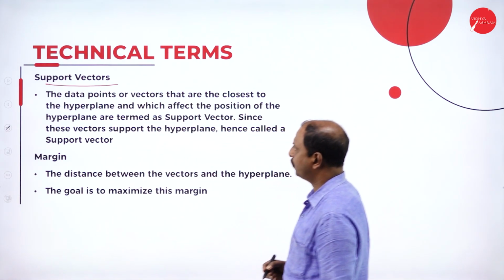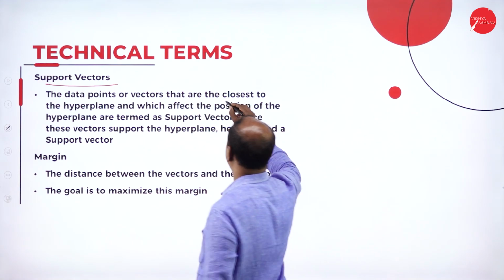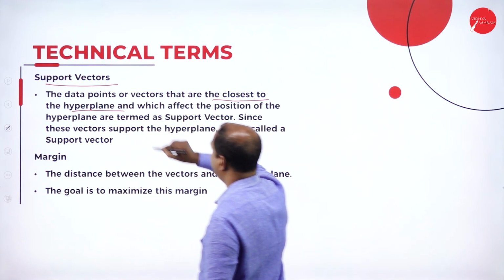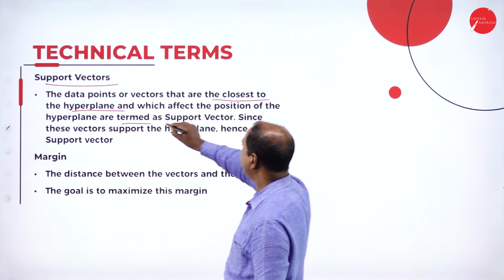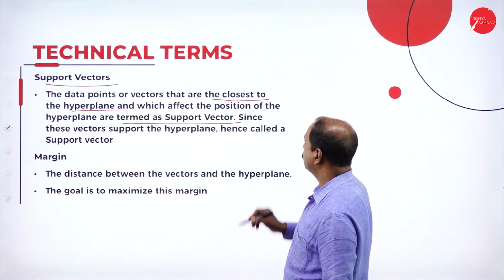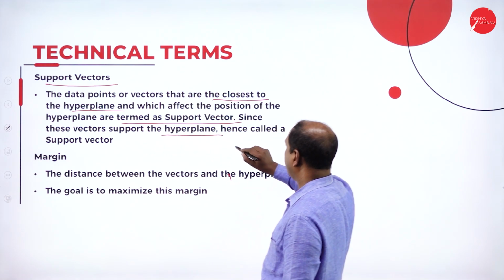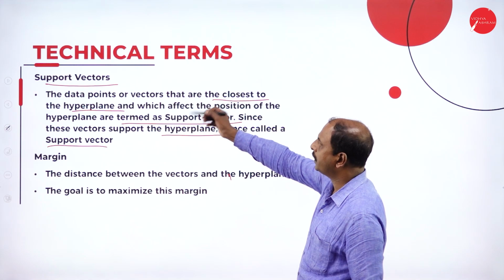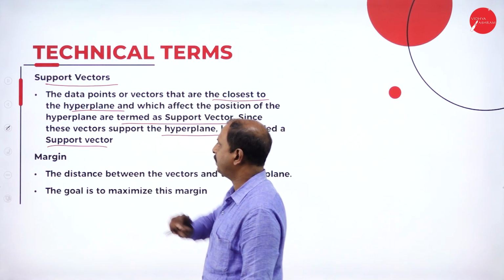What are support vectors? The data points or vectors that are closer to the hyperplane and which affect the position of the hyperplane are termed support vectors. Since these vectors support the hyperplane, they are called support vectors. They help to find the best hyperplane.